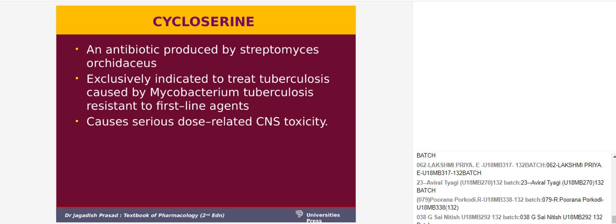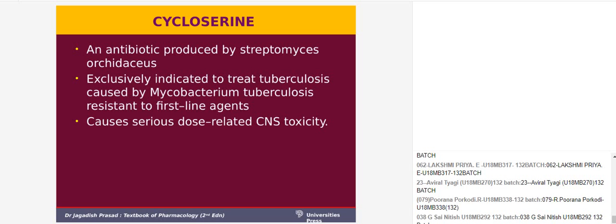It's mainly used in tuberculosis, especially Mycobacterium tuberculosis resistant to all the first line drugs. The only problem is they may cause serious central nervous system side effects. So cycloserine is a drug used for first line drug resistance in tuberculosis.